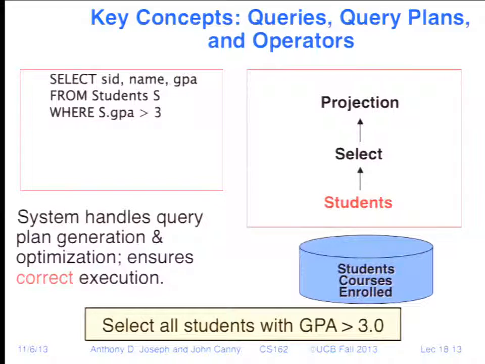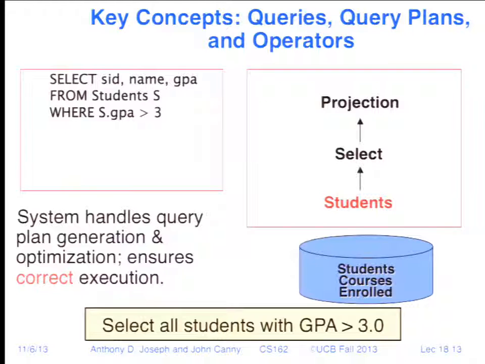So we're going to do a couple of things. We're going to project. Projection is pulling out specific columns. Selecting is checking this predicate and only returning tuples that satisfy that predicate. And the originating table is down here.